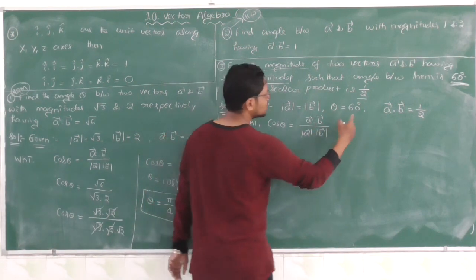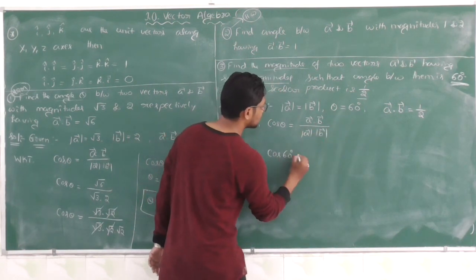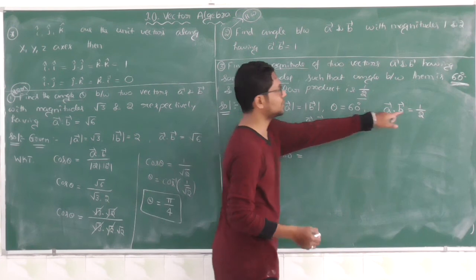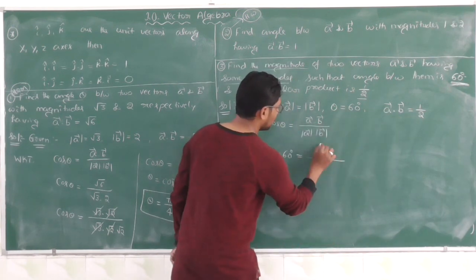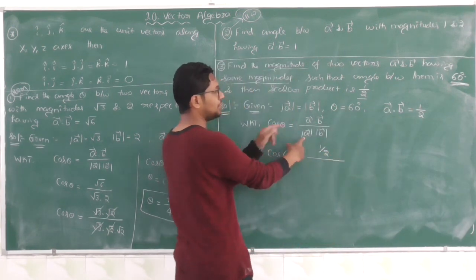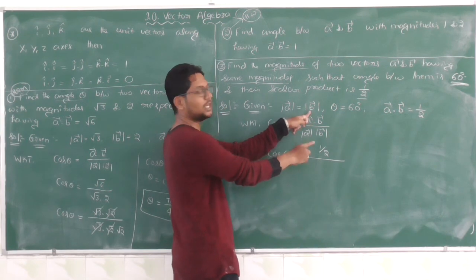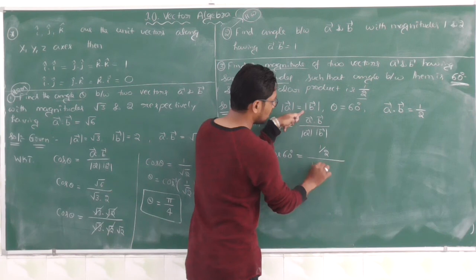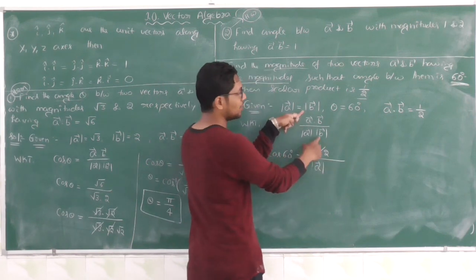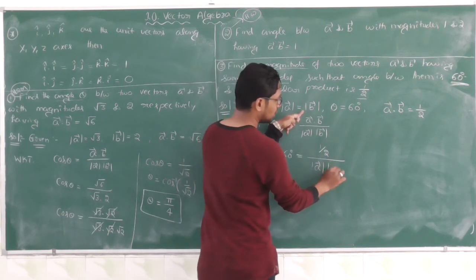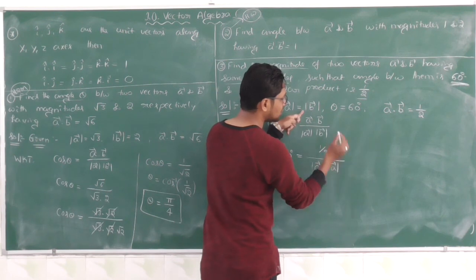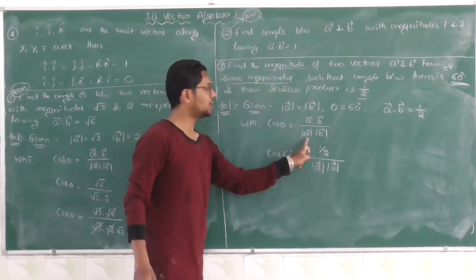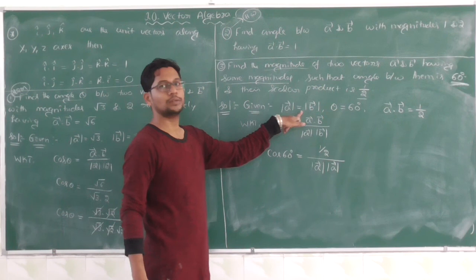Cos 60 degrees equals A dot B, which is 1 by 2, divided by magnitude A and magnitude B, both are equal. In place of that, I will write magnitude of A because the two magnitudes are equal.